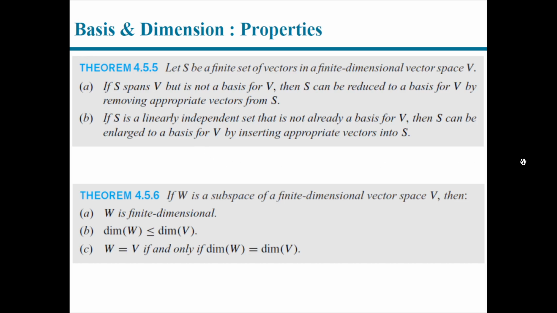Basically, if I have the vector 1, 0, that vector is linearly independent. So I can enlarge that. I can put another vector that is linearly independent of this guy to create a basis of R2. So let's say I have 1, 0 and 1, 1. Those two are linearly independent, they are from R2, and now I have a basis.